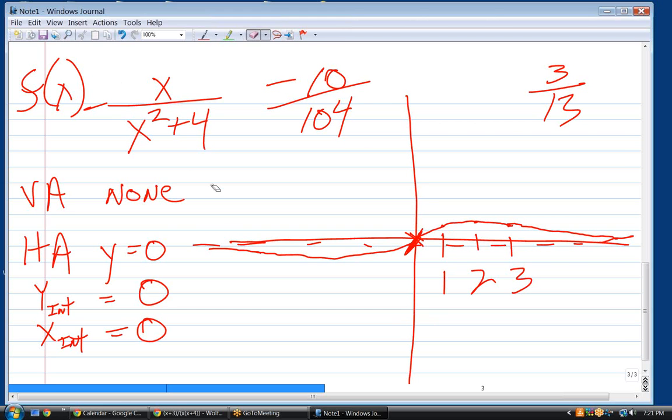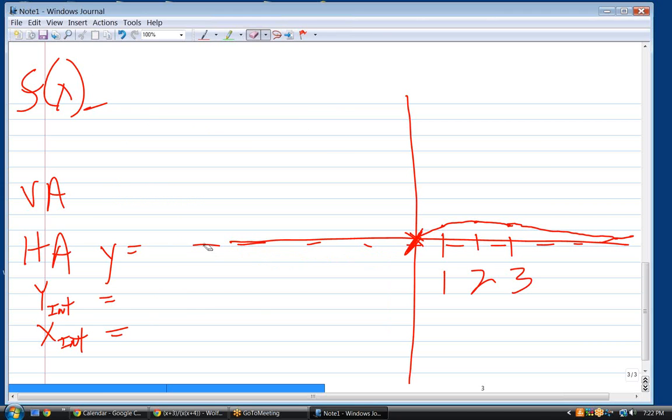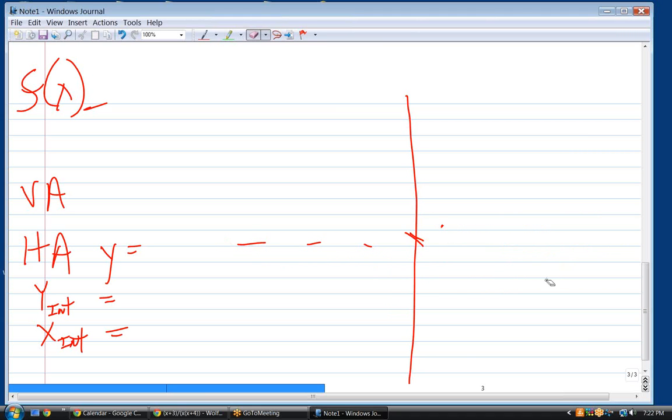Okay? It's essentially the way we're going to want to do all of these: figuring out the asymptotes, x-intercepts, and the end behavior, all of those good things.